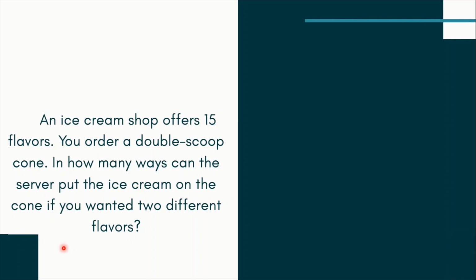An ice cream shop offers 15 flavors. You order a double scoop cone. In how many ways can the server put the ice cream on the cone if you wanted 2 different flavors? So, dalawang activities ang gagawin natin. So, since gusto mo, nag-order ka ng double scoop, so, dalawang activity yon. Pagpili ng flavor sa unang scoop at pagpili ng flavor sa pangalawang scoop kasi double scoop.